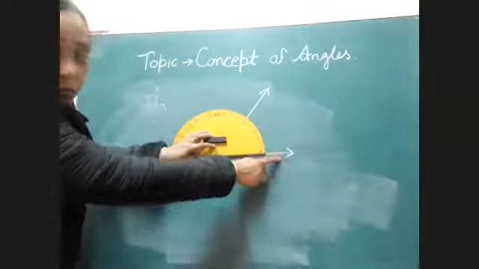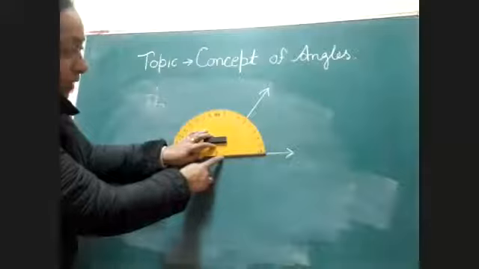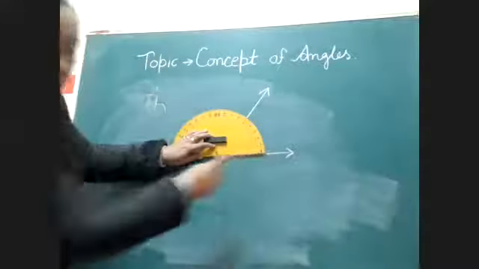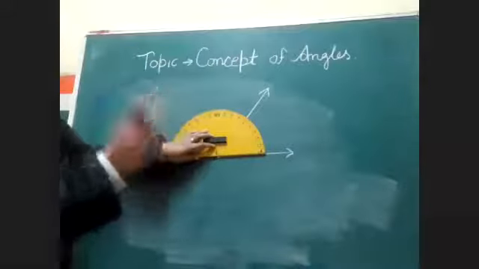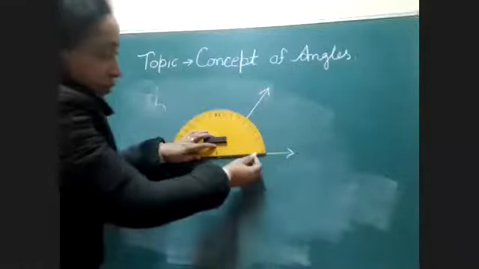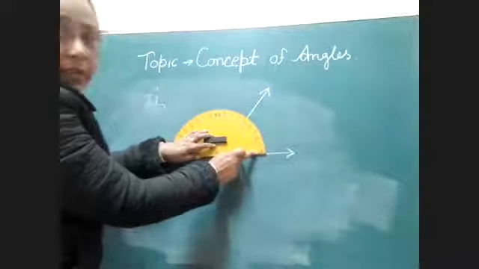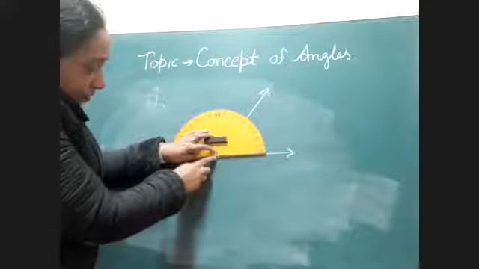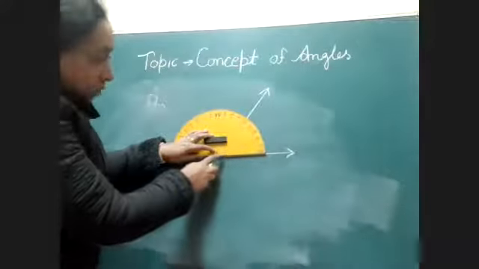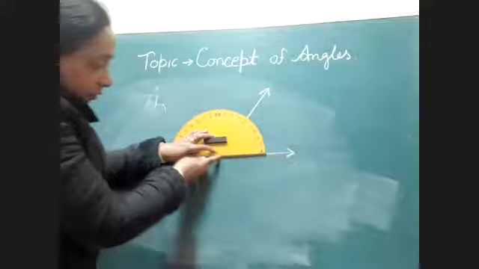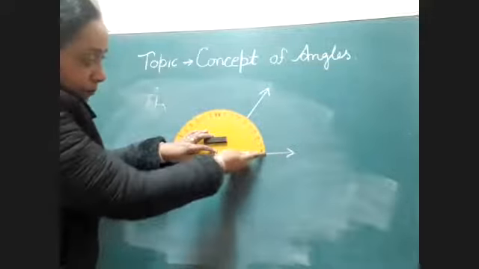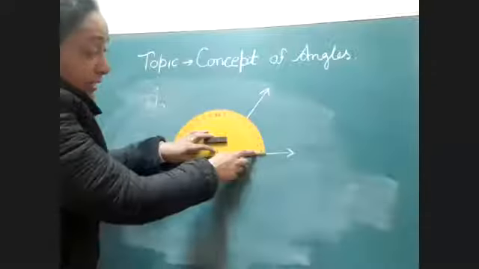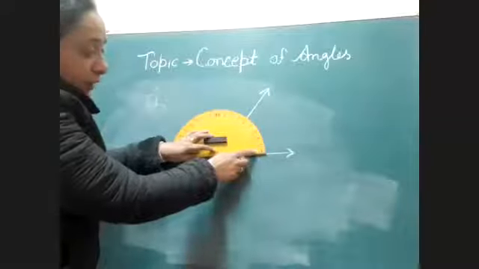When we match the base ray with the protector, then start from 0. Now 0 is on the inner scale.